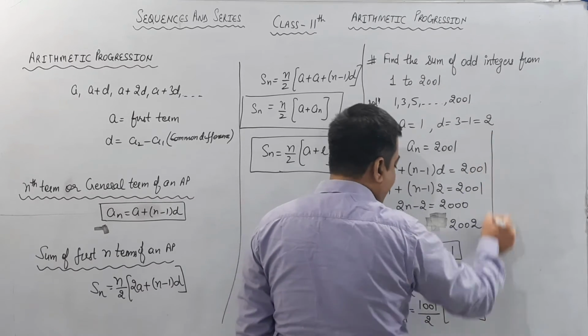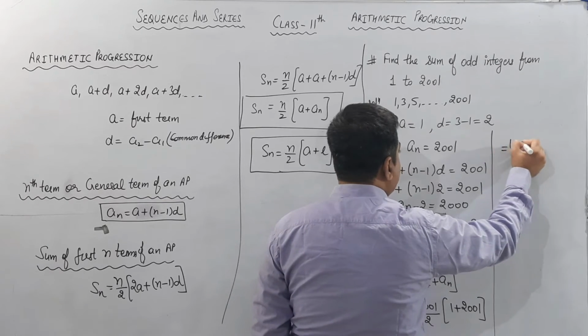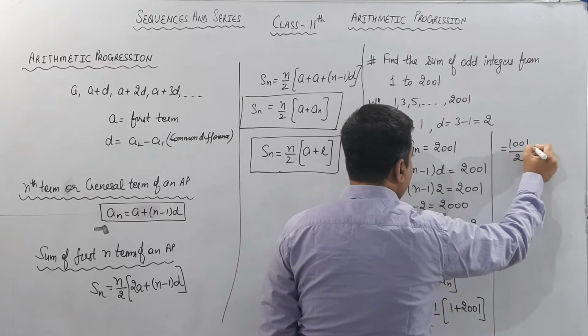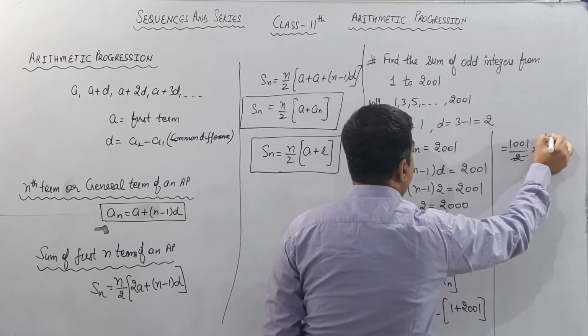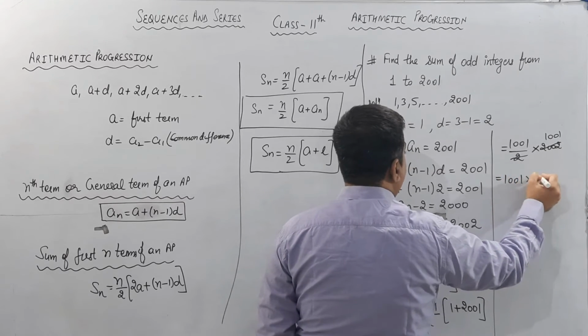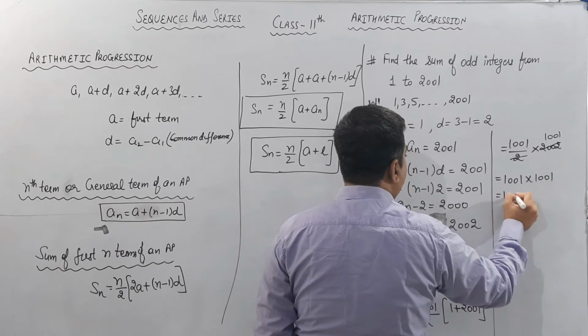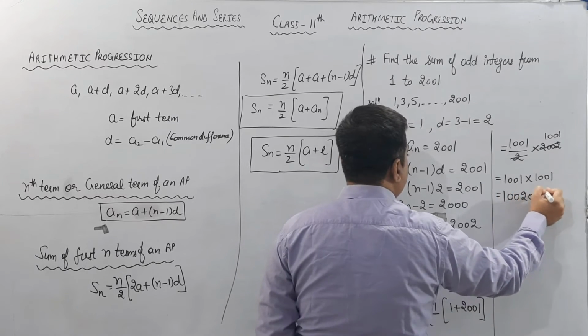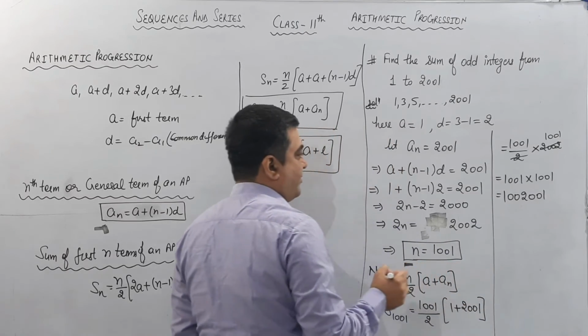So it equals 1001 upon 2 times 2002. This 2 and 2002 cancel out. We get 1001 into 1001. When we multiply, we get 1002001. Okay. Make a note.